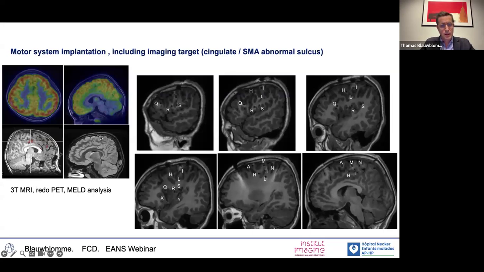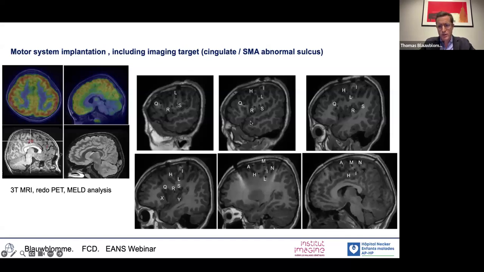And here you can see that there is an abnormal sulcus at the junction between the SMA and the cingulate gyrus that is clearly seen on the PET scan imaging, and that post-processing of the imaging with MELD, which we will detail later on, helped us to localize. However, it was not possible in this particular case to go for surgery straight ahead, and we had to go for invasive recordings, and we will have a quick talk about this.